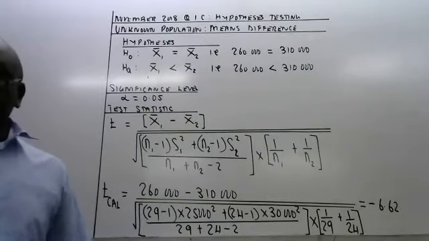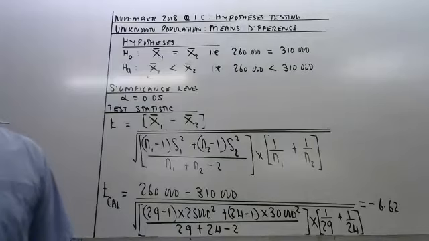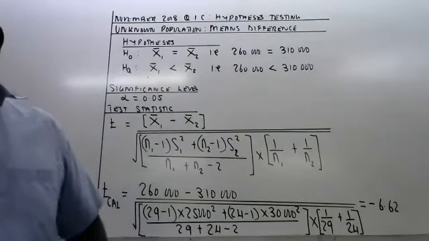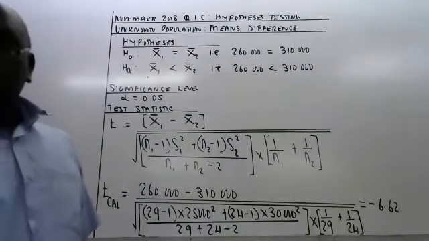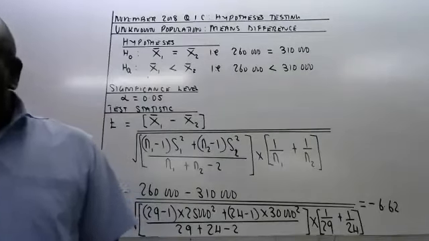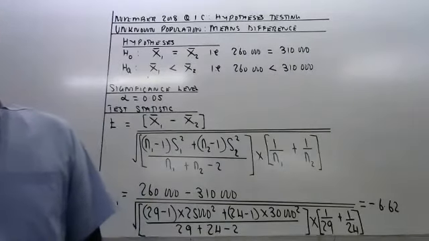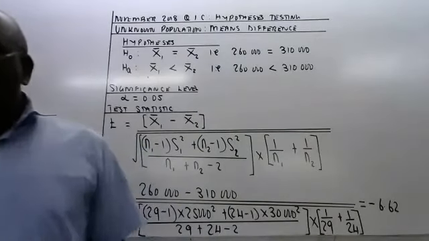Let me get some more people, at least 10 persons, so that we can proceed. I'm waiting for one more person.